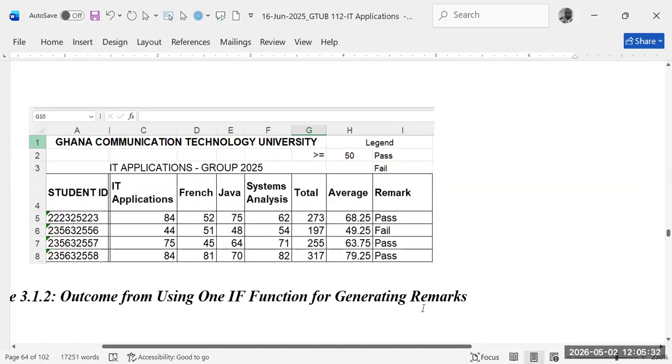Yes, answer is... Is it difficult? Sir, with this aspect, I'm not getting it well.